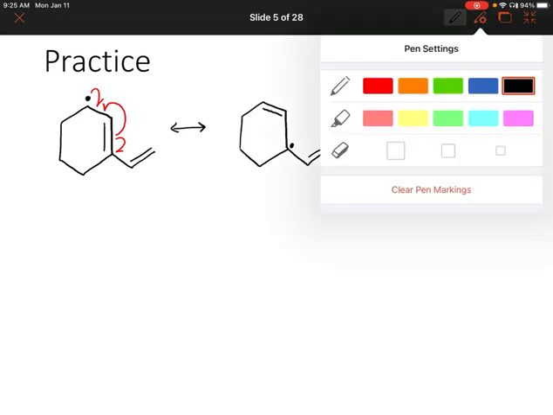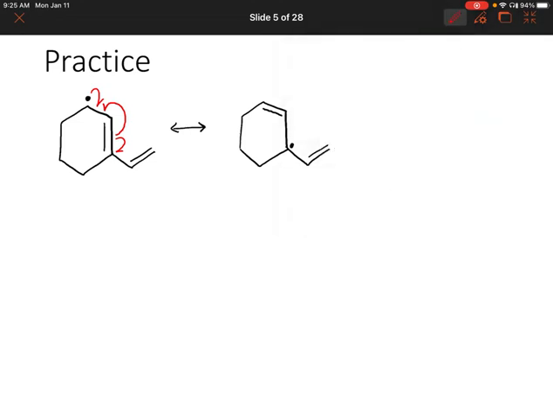So let's show that. I'm going to break apart the double bond that's next to the single bond, and then I'm going to show the single electron teaming up with one of the pi bond electrons.